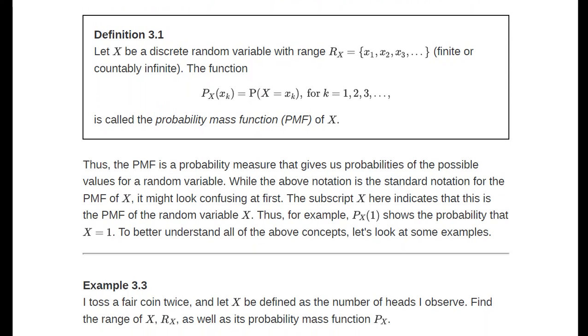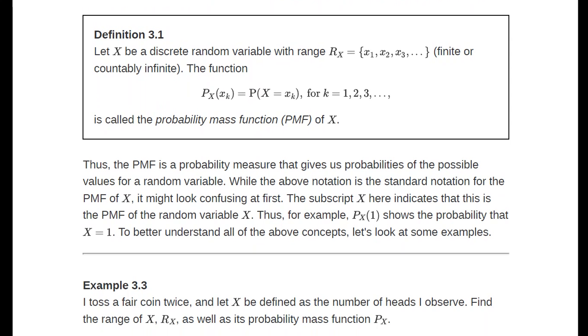Definition 3.1. Let X be a discrete random variable with range Rx equal x1, x2, x3 and so on, finite or countably infinite.